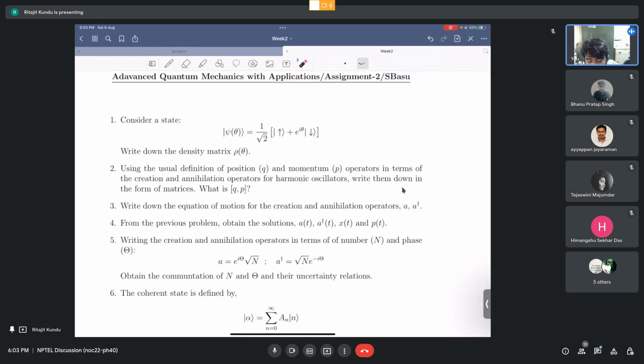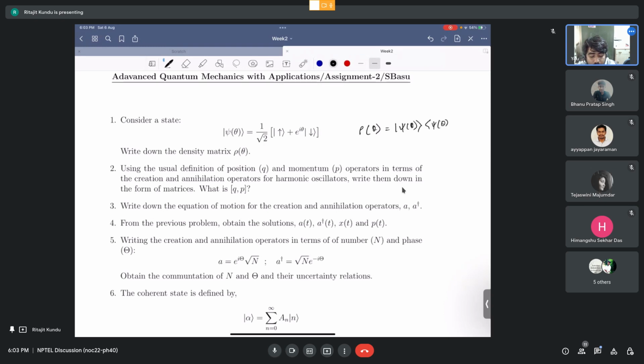So let's look at this first question. It says that there is a state which is given as psi of theta, and they have asked you to calculate the density matrix. Okay, so the density matrix, you know, is given by |psi theta><psi theta|.